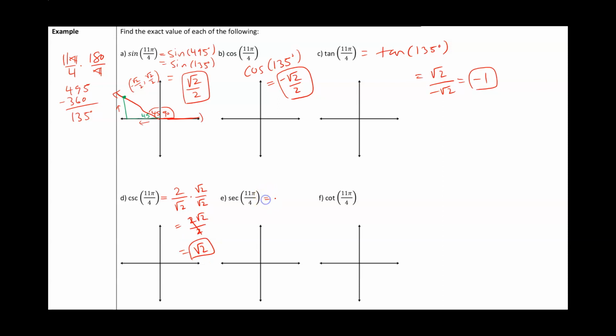Secant of 11 pi over 4 is the reciprocal of negative radical 2 over 2. So this gives you 2 over negative radical 2. Same thing, multiply numerator and denominator by radical 2. This gives us 2 radical 2 over negative 2, cross those out, and we have negative radical 2 as the secant. And then for the cotangent, we take the reciprocal of negative 1, which is just going to be negative 1.